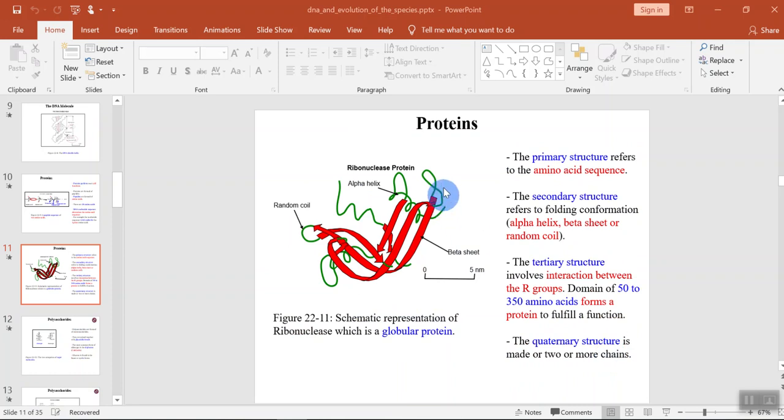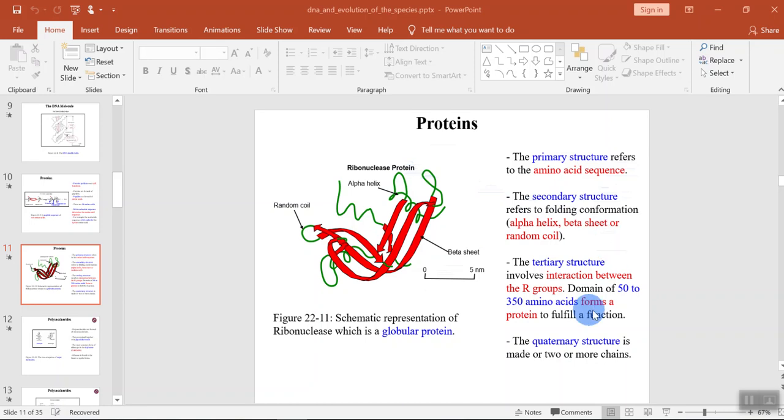Right. This is showing the structure of one protein, ribonuclease, which is a globular protein. So there is a primary structure, which is the amino acid sequence, as we said. The secondary structure is the folding conformation. We can have beta sheet, alpha helix, or random coil.